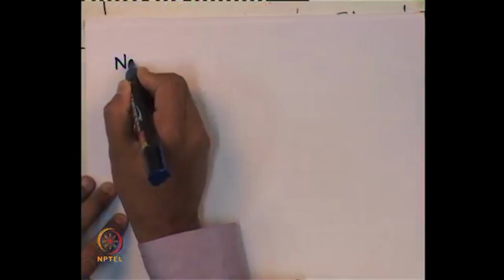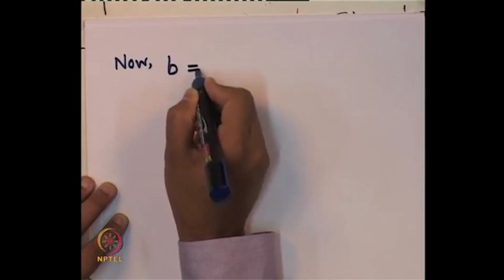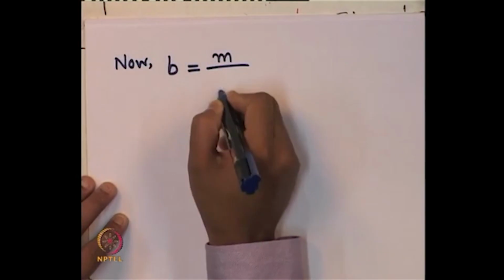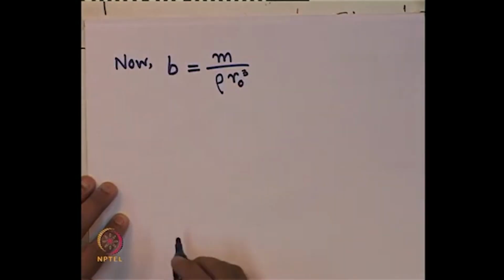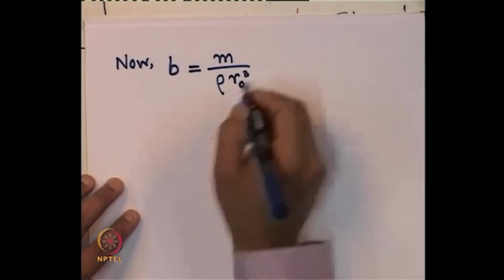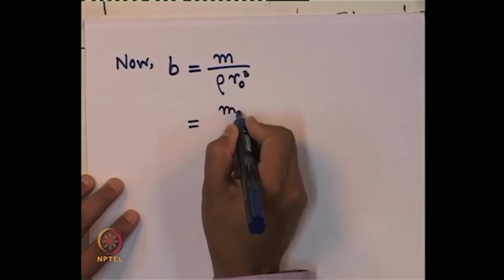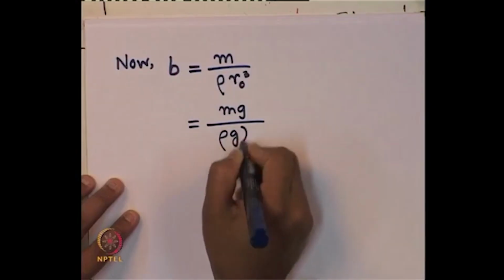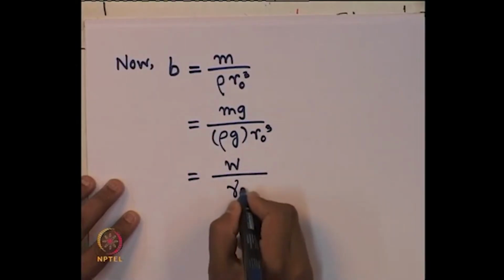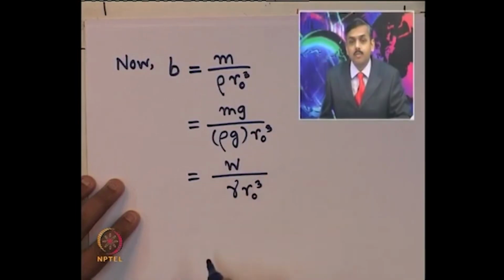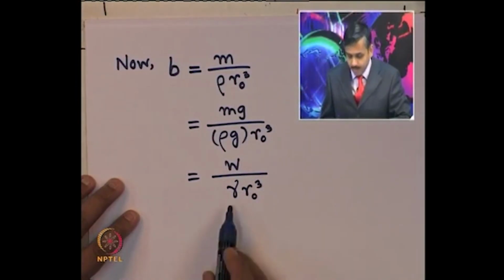Let us see how we can proceed further. If we see the expression of the non-dimensional mass ratio B, which we also discussed in our previous problem number 1, B equals m by rho r naught cube, which I can rewrite as m g by rho g times r naught cube, which is nothing but W by gamma r naught cube, where W is the weight of the machine plus foundation system and gamma is the unit weight of the soil.